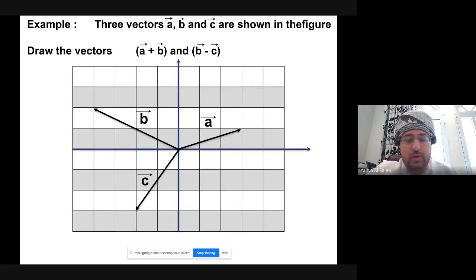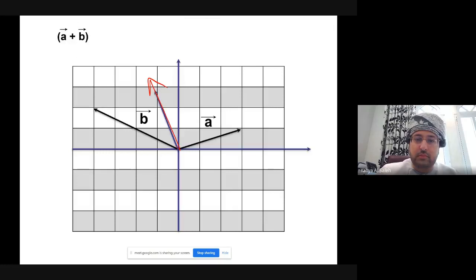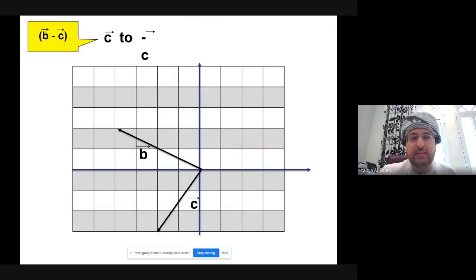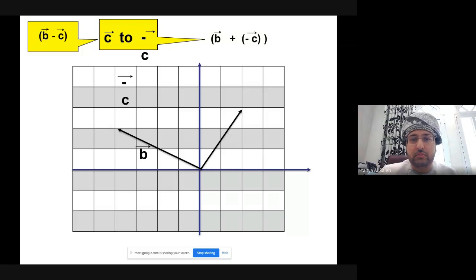Now, remember, this is C. So what would minus C be? It would be the same vector, but in the opposite direction, correct? So B minus C would become this. And now I add B plus minus C, which is again in this direction. Okay, so we simply flip the vectors. We take the negative of a vector when we want to subtract, and then we use addition.